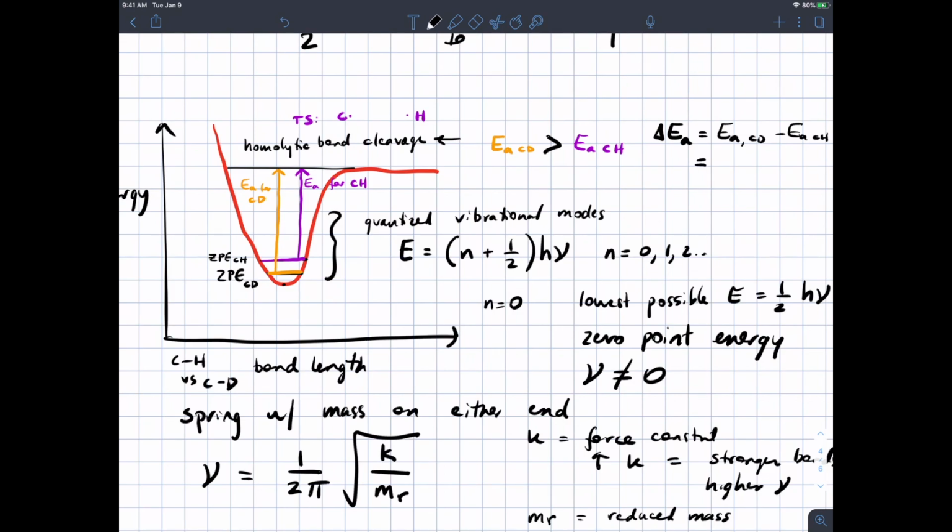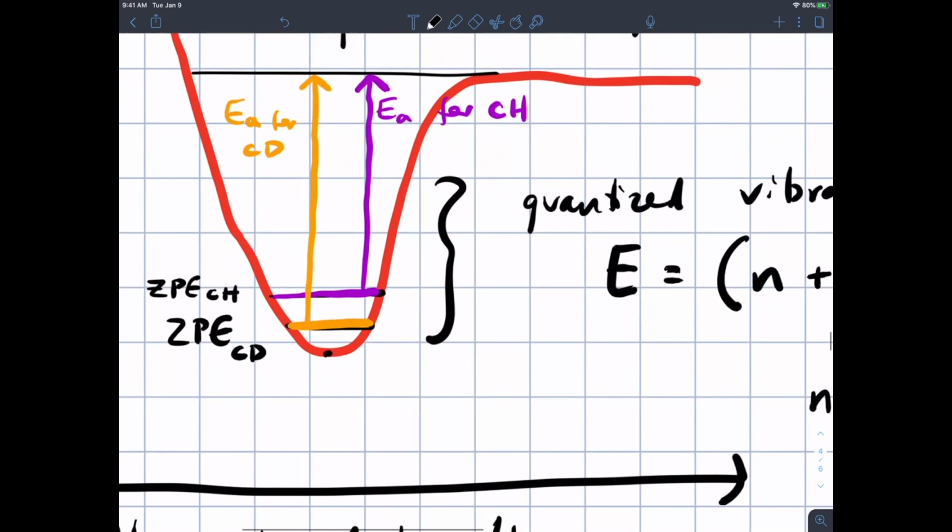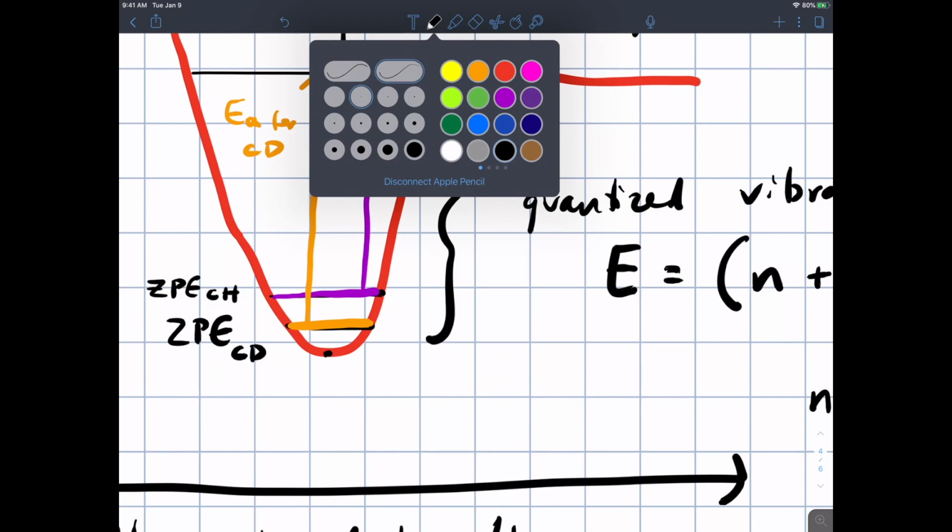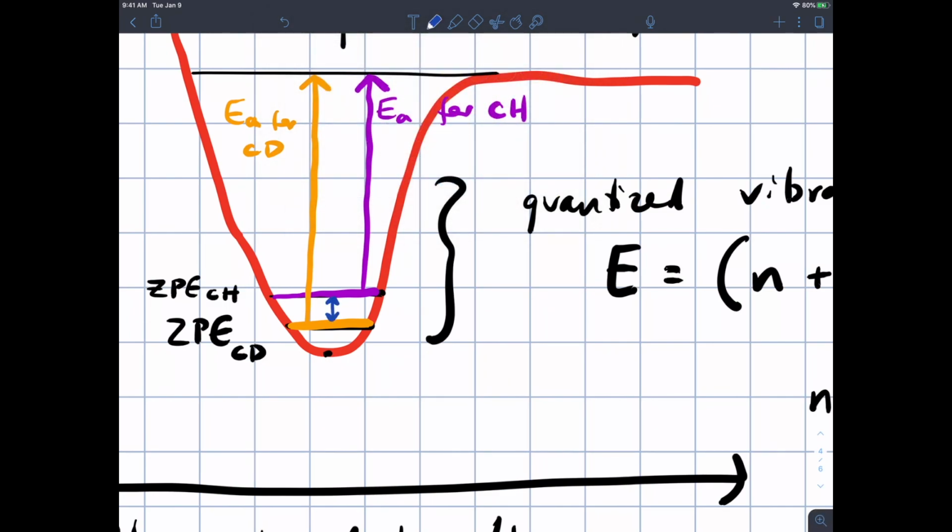Oh, sorry, we're starting with CD. But that's also equal to the difference in zero point energy for the CH bond minus the zero point energy for the CD bond. In other words, orange here minus purple is the same thing as this distance, which I'm highlighting in blue. Okay?